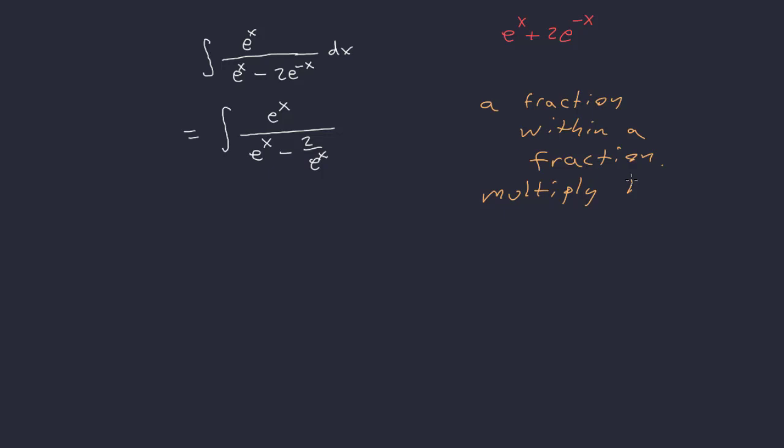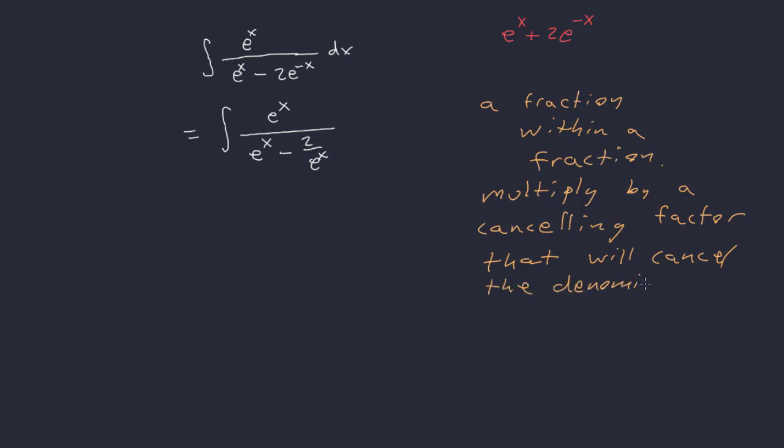I call it a canceling factor. That will cancel the denominator, and I'm going to put (s) in parentheses there because it might be more than one. But that will cancel the denominators of the many fractions.